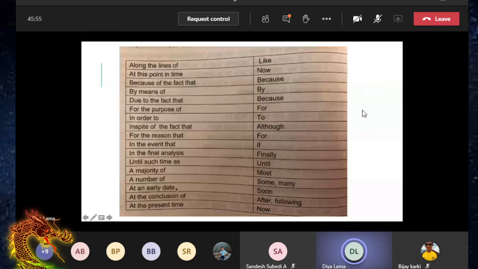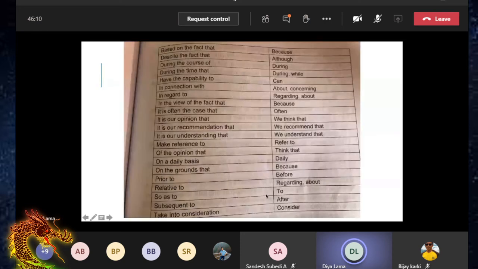So instead of writing these three-four extra words and making the sentence long, you can use these short one words in your sentences. Based on the fact that, instead just write because. Despite the fact that, instead only write although.